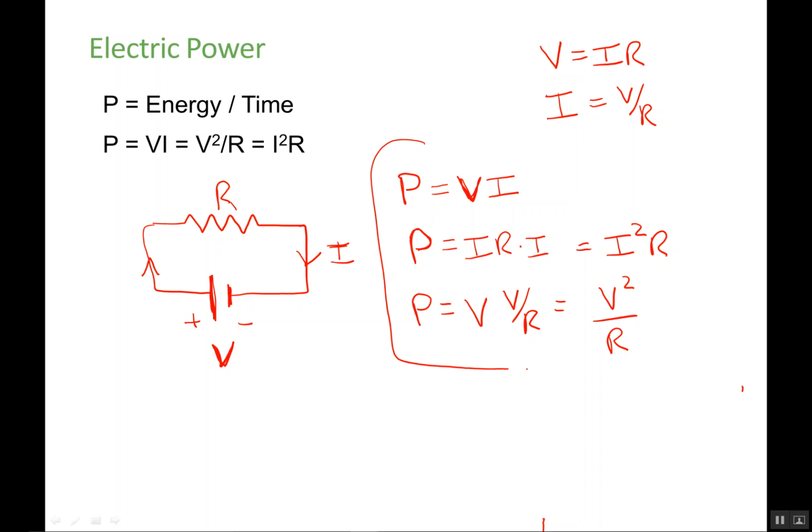So in short, there are three different equations that you can use to calculate how much power a resistor uses. The one you use depends on the situation that you are studying and the things that you know.